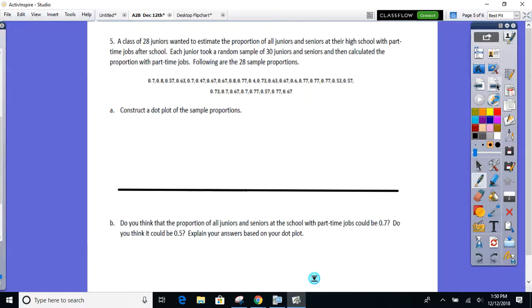Okay, so I got my horizontal line going to put the values on first. Now, what should go on there? Numbers, preferably ones that correspond to the proportions I give you. So can we figure out where the high and the low one is?